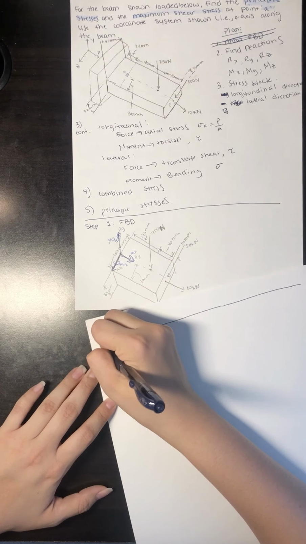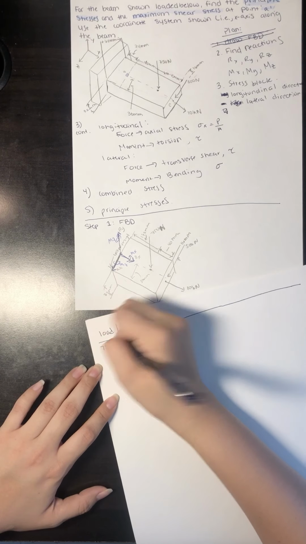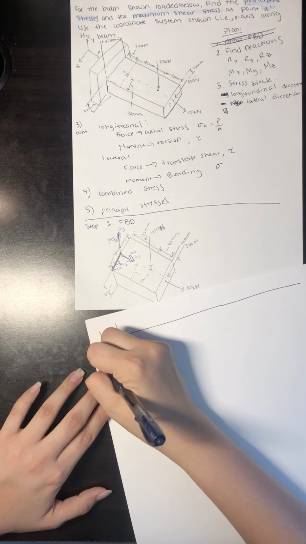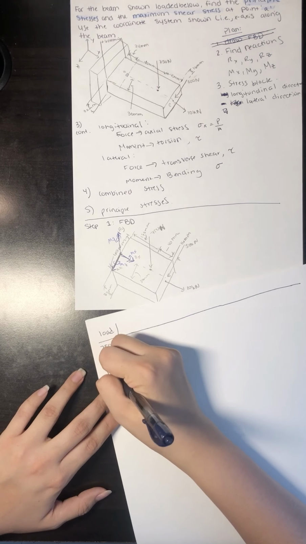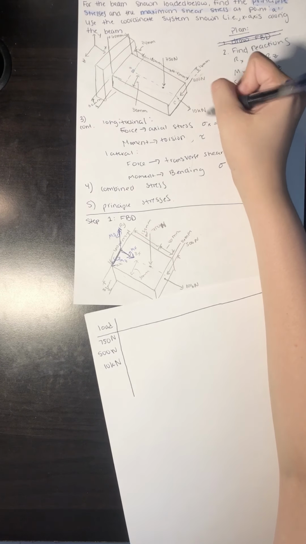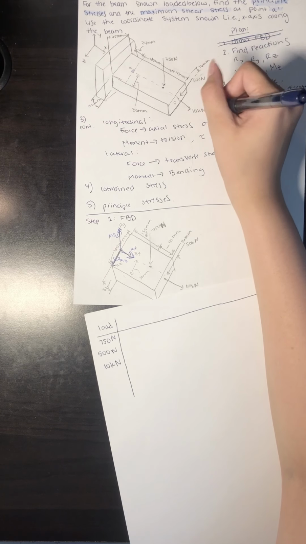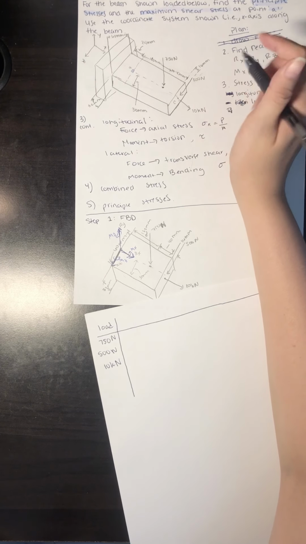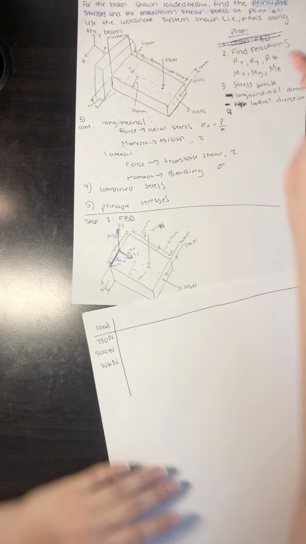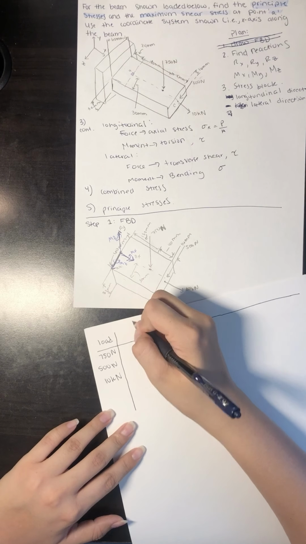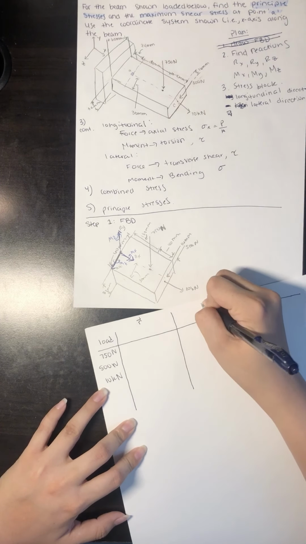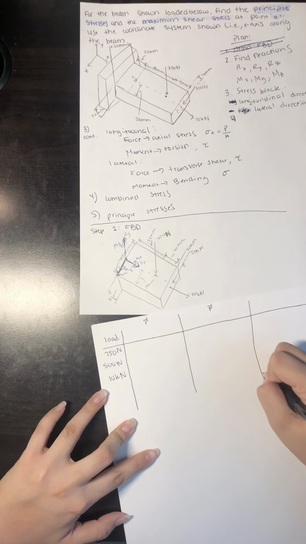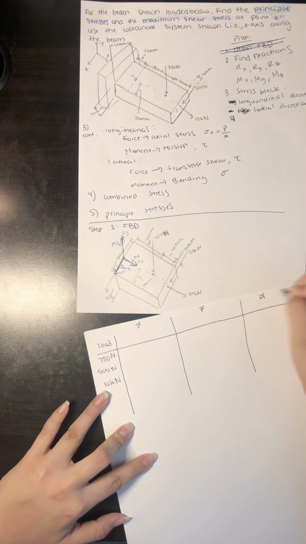So I'm gonna do the 750 Newton load, the 500 Newton load, and the 10 kilonewton load. Remember, this is kilonewtons, not newtons. Make sure it's times 10 to the 3, or just 10,000, I guess. Right, and then right here we will have our R vector, our force vector, and our moment vector.